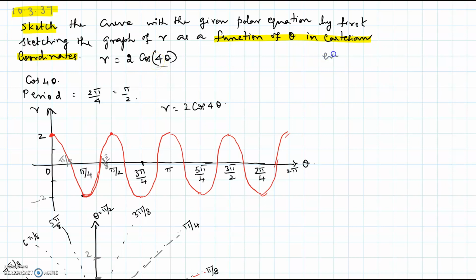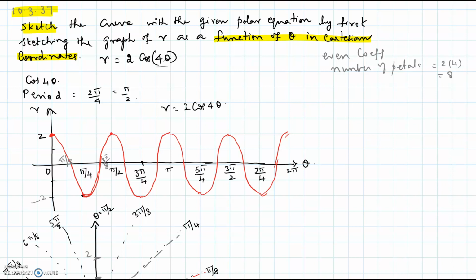If it is an even coefficient for the argument, then the number of petals would be twice that number. If this was 2, the number of petals would be 4. If this was 4, the number of petals would be 8.